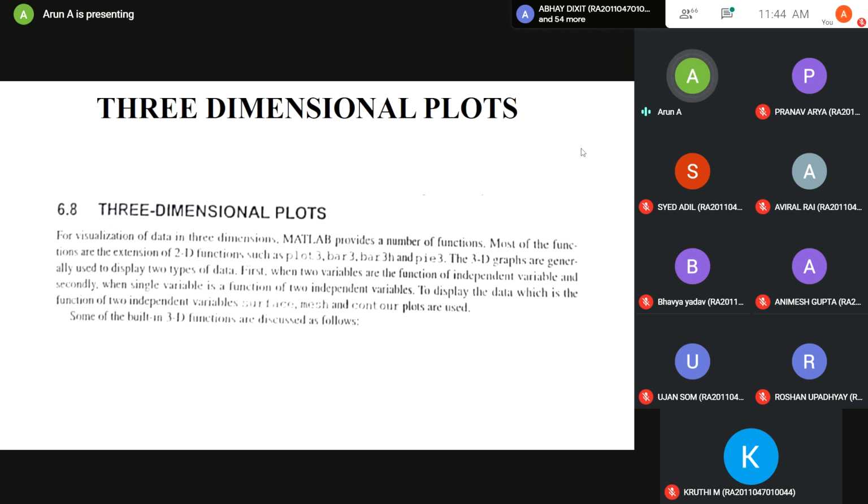I got really fascinated when long back I watched Avatar in 3D. Nowadays it has ended up even with Avengers Endgame. So many movies came up with 3D, which was pretty interesting. The same thing, even MATLAB can give outputs with respect to 3D.